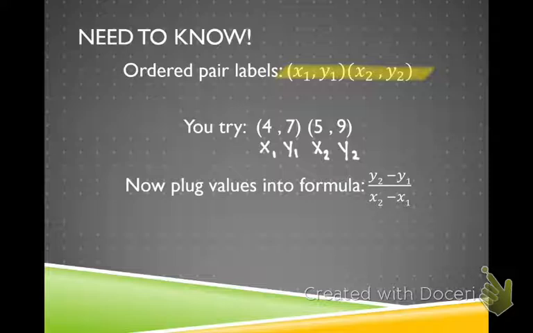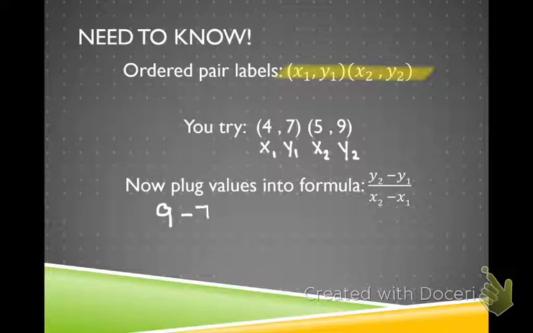Well, here's how I label each point in the ordered pairs. So when I plug these values into the formula, the very first value needs to be my y2 value. Well, which number was y2? It was 9. So 9 is going to come first in your formula: 9 minus, what's my y1 value? 7.